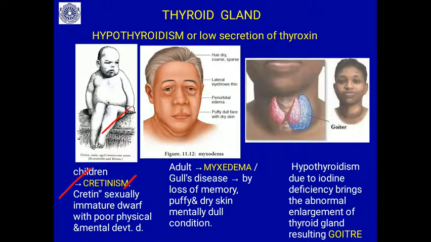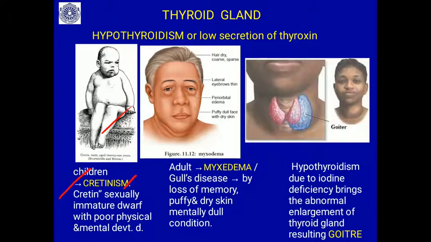So it is different from dwarfism. In dwarfism, only the person is short, but mentally he or she is proper, and the person is proper in mental health and other activities of the body. Only the short stature.